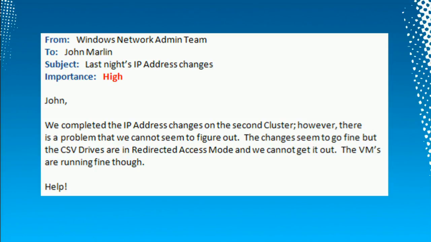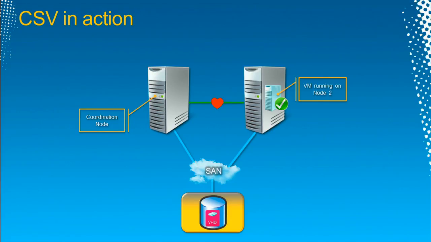Okay? So, what we have to look at here is this is what it looks like. Okay? I've got my SAN, my VHD is running off the SAN, clustered shared volume, and the VM is running on node 2. Okay? I lose my connectivity from node 2.